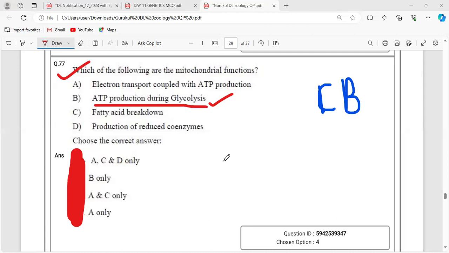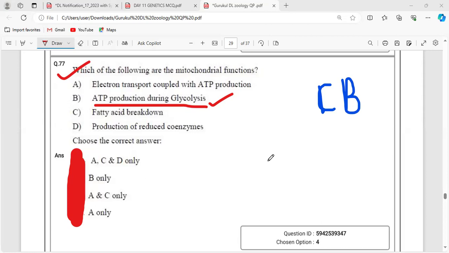Very good. You also have to understand how many ATP are produced in glycolysis. What is the gross ATP produced in glycolysis, and what is the net ATP produced in glycolysis?